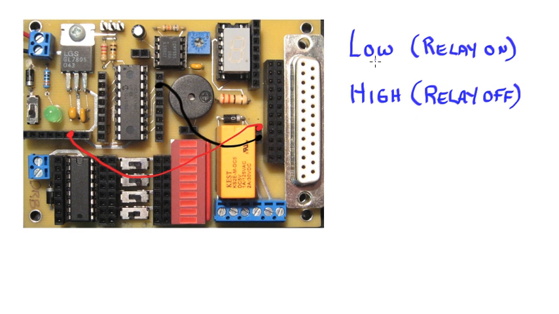Now that's not a big deal, but it can be counterintuitive for some people, and that can simply be compensated for or adjusted by the contacts that you use down below. On this particular relay, this connection is a common. This one to the immediate left is a normally closed, and the one on the far left is a normally open.